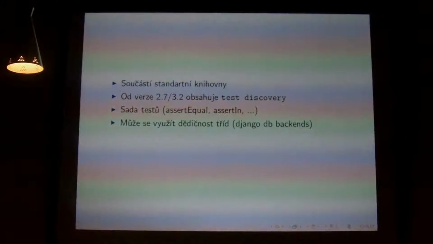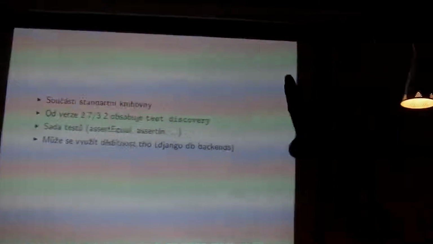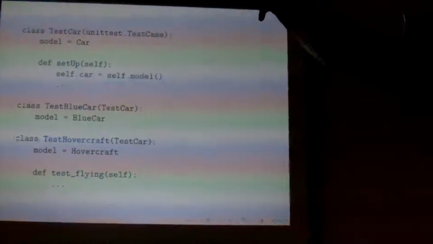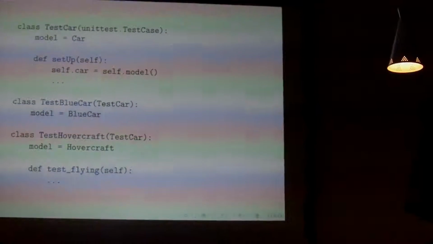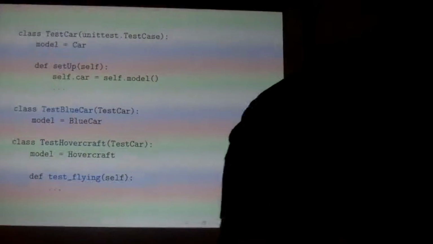And as I said, you can use subclasses of these test cases. When you define a generic test case for testing cars, then you can test the other classes which should do the same thing.